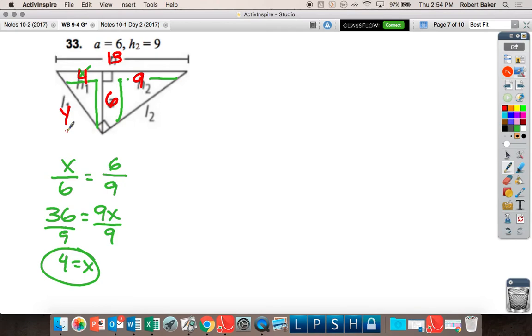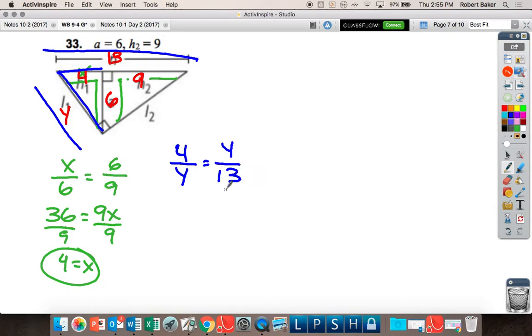Okay, so 4 over y equals y over 13. Cross multiply: y times y, y squared, equals 4 times 13.